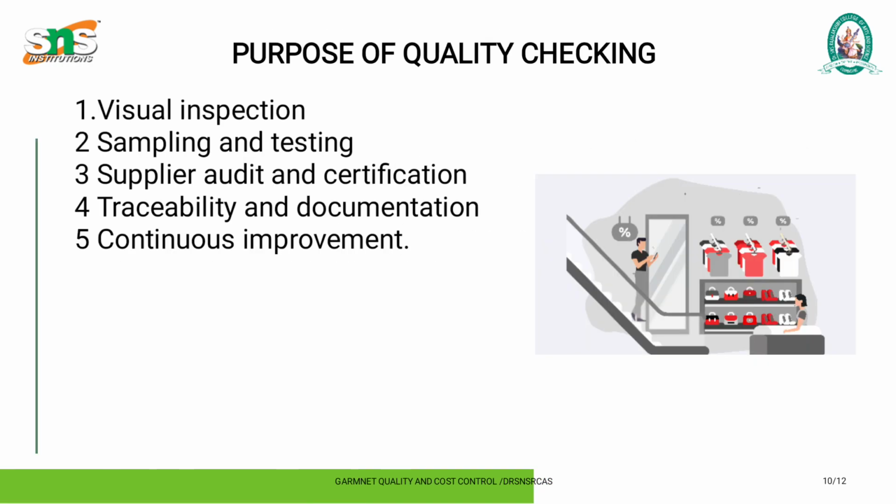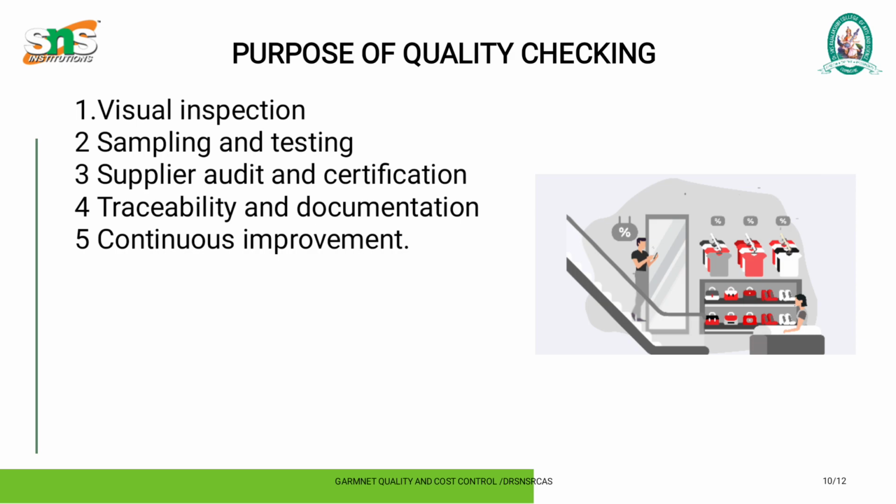The purpose of quality checking is visual inspection, sampling and testing, supplier audit and certification, traceability and documentation, and continuous improvement. Visual inspection means inspecting the product to see if there are any defects. Sampling and testing is done for checking any lack of quality.